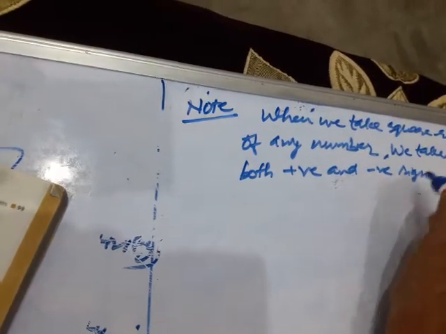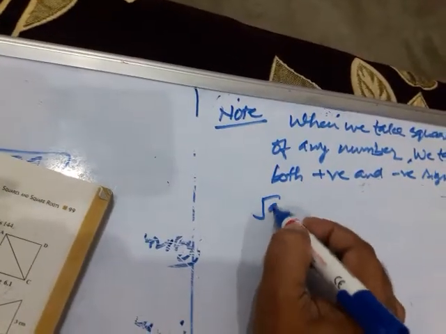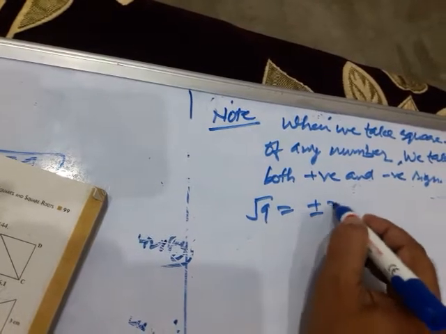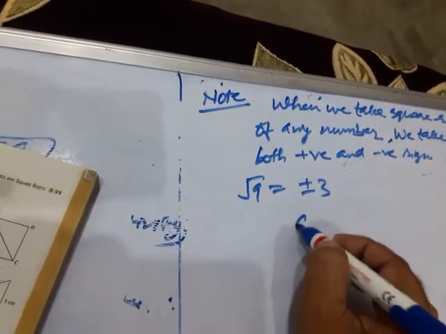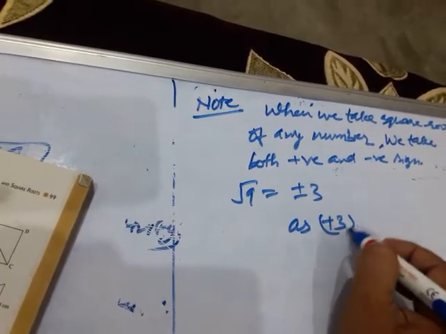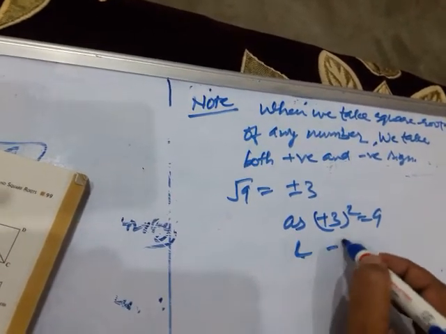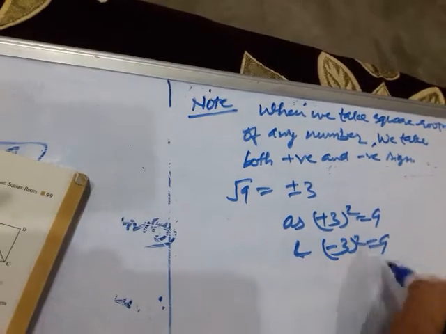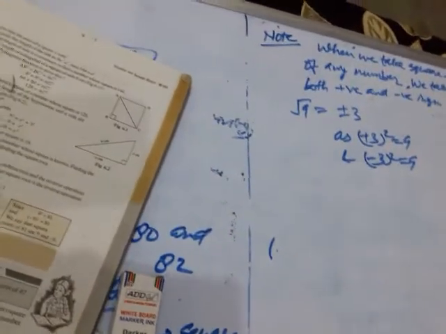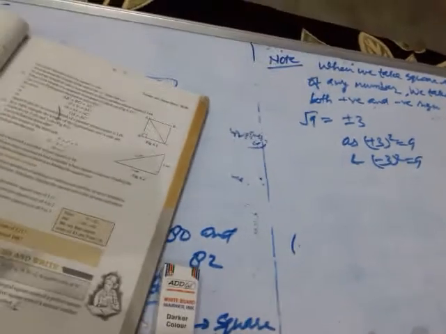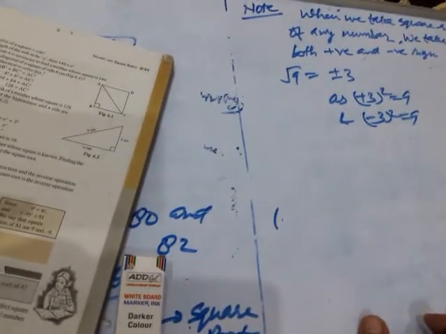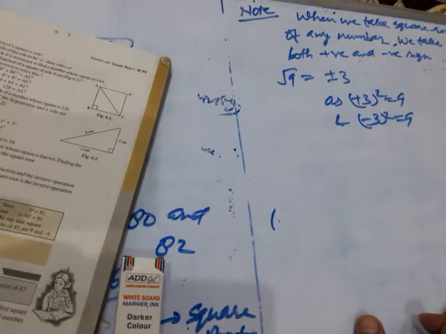Why it is like this? Because see, square root of 9 equal to plus minus 3. Why? As see, plus 3 square equal to 9 and minus 3 square is again 9. Clear? And that is according to the definition of square root. Clear? Square root of a number A is that number which when multiplied by itself gives A as the product.